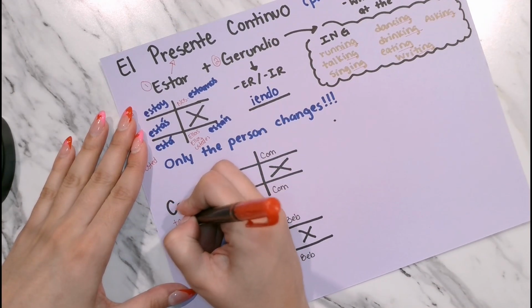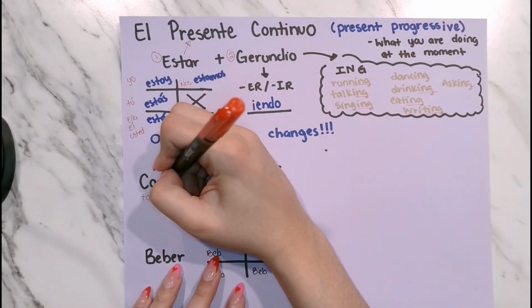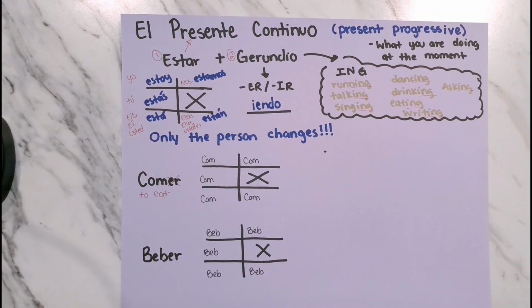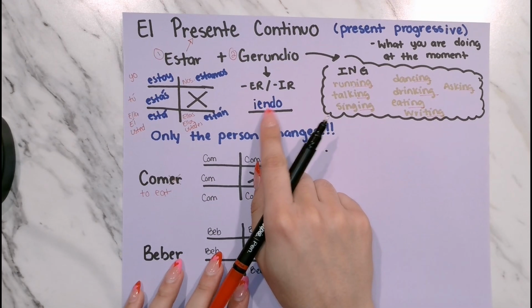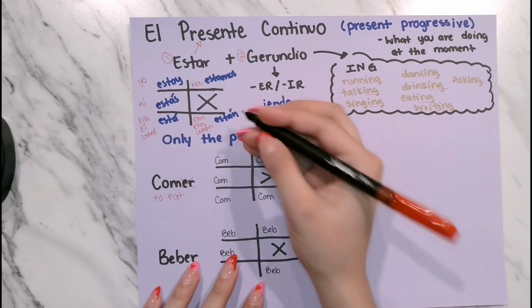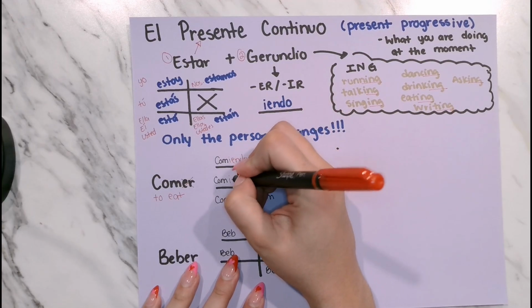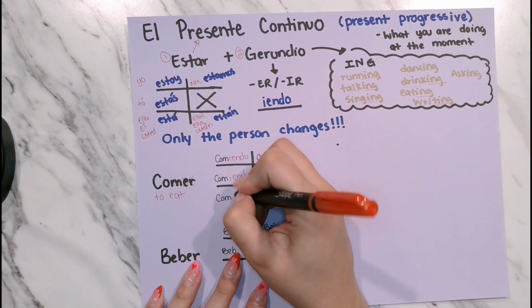To eat. Okay? We already know that we're going to eliminate the last 2 letters. And we're going to add our new ending, which is the only one that we have for those 2. Yendo, for all of them.